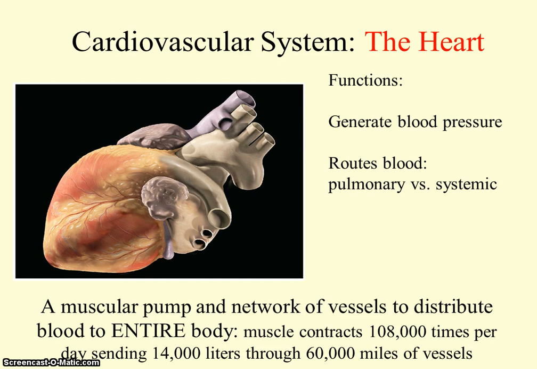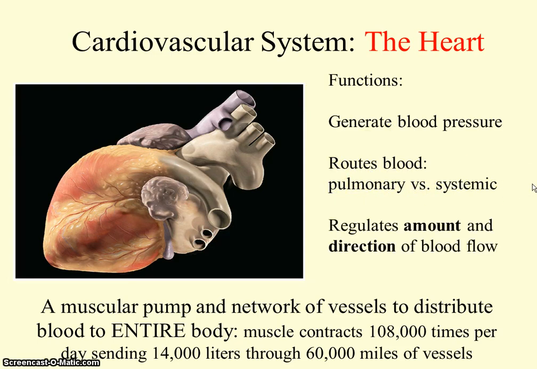We have to direct that blood, and therefore the heart is going to be divided into two basic circuits, pulmonary and systemic. All right, and we control the amount and keep that blood moving in one direction. And when we use the term flow, of course, we're talking about rate, how fast and how much is moving at that time. So flow is a very important metric for us when we talk about the heart.